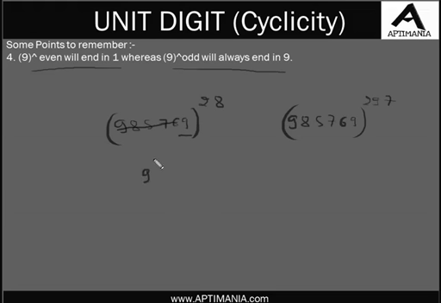Our question is 9 raised to the power 28, and 9 raised to the power 297. The first is 9 raised to an even power, so it will always end in 1. The second is 9 raised to an odd power, so the unit digit will be 9 only. We need not worry about the calculation involved. The answers are directly 1 and 9 respectively.